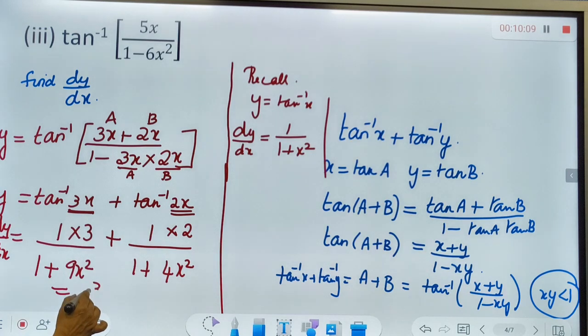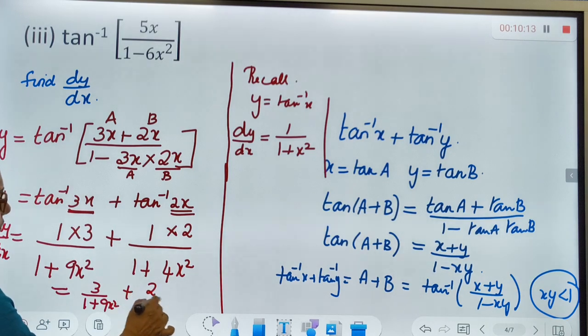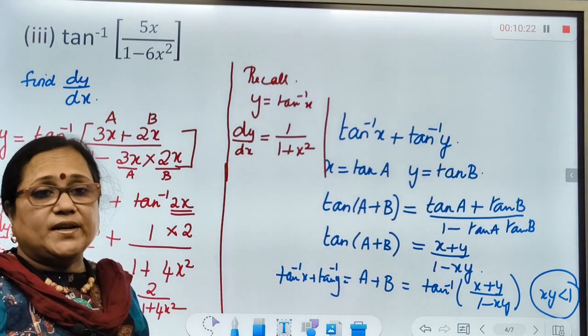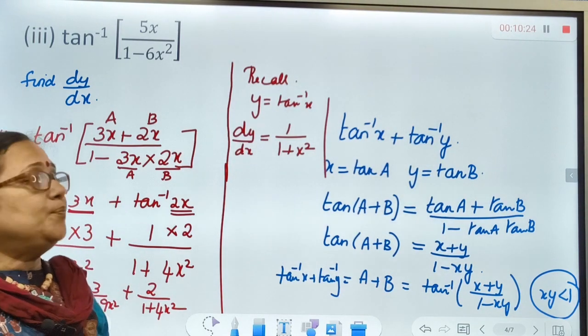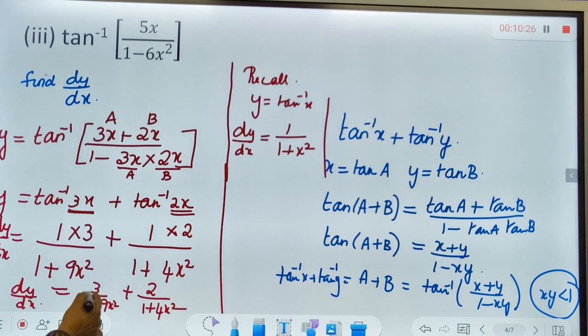So you have 3 by 1 plus 9x square plus 2 by 1 plus 4x square as the derivative, the slope of the tangent. dy by dx is the slope of the tangent at any point to the curve.